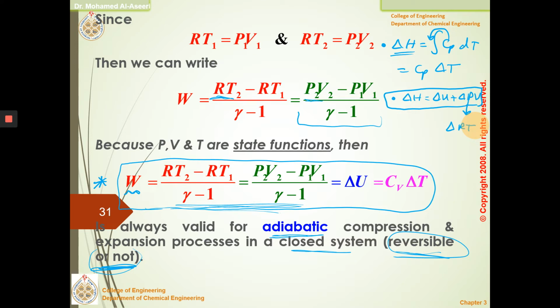No. Both of them, for ideal gas, are applicable. You can use delta H equal to the integration, and you will get the same answer. But with the first equation, if Cp is constant, you can take it out of the integration. With the second equation, with delta PV, if PV values were not given, you can replace them with RT values. But both of them will give the same answer if you are dealing with ideal gas behavior.